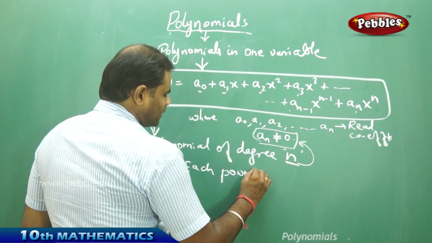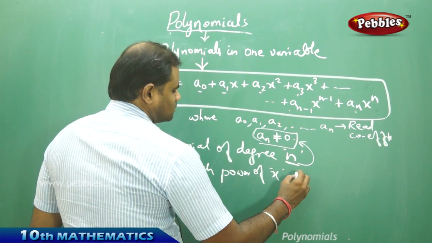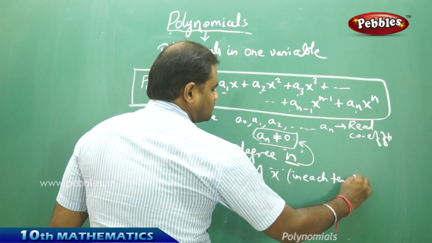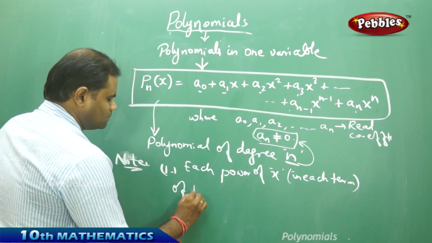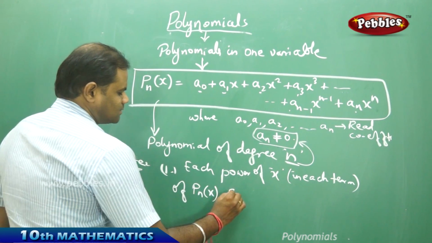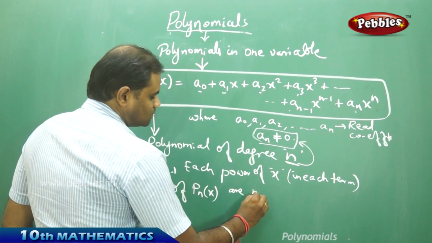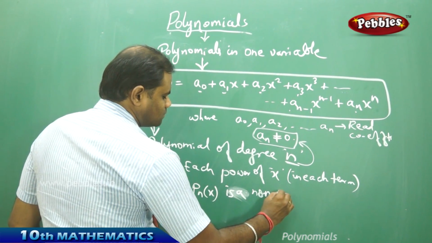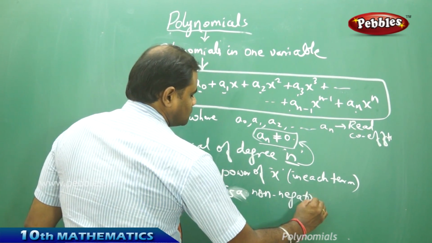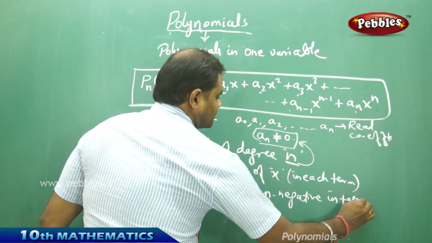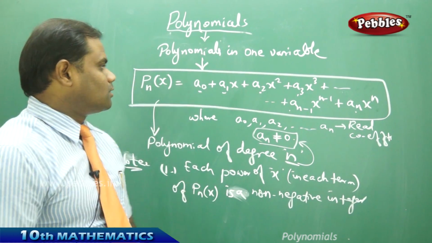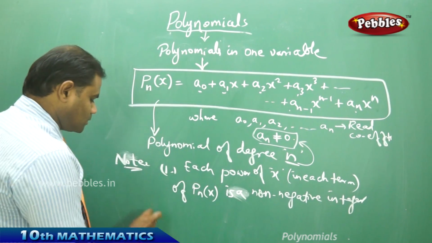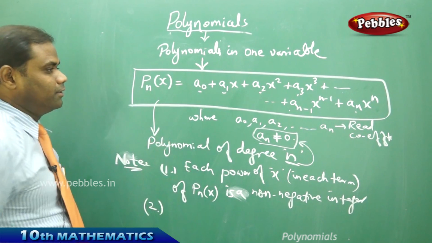Each power of x in each term of Pn of x is a non-negative integer. The powers cannot be negative or fractions, is how I understand the first point.